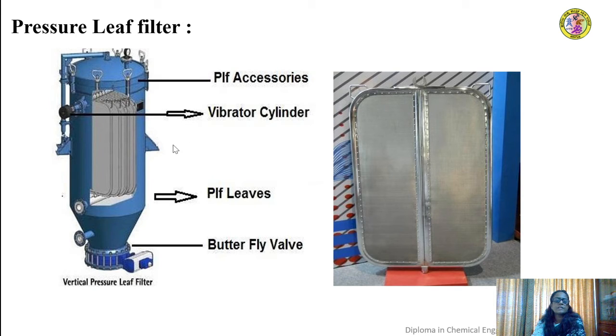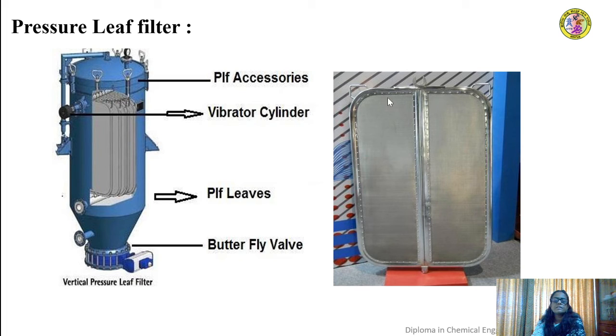So this is another structure of a pressure leaf filter in which pressure force is used to carry out the operation. In this case, we have a cylindrical tank in which a number of rectangular shaped leaves are hung.